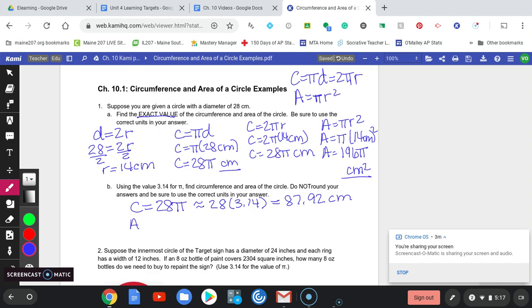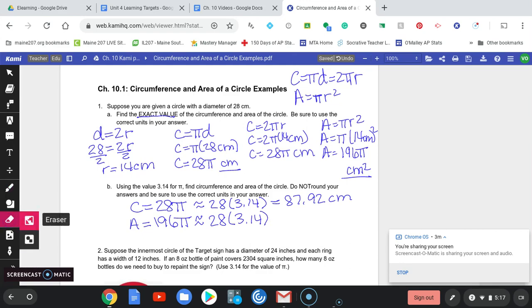And then for area, you would plug into the area formula whatever they gave you. We know that's the 196 pi we were given. Instead of leaving our answer with pi this time, we're going to multiply it by 3.14. And when we take 196 and multiply by 3.14, we get 615.44. And because this is area, it's square centimeters.